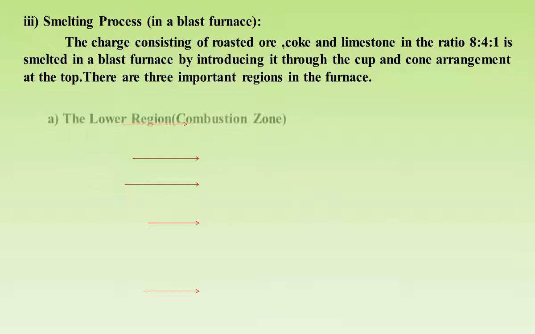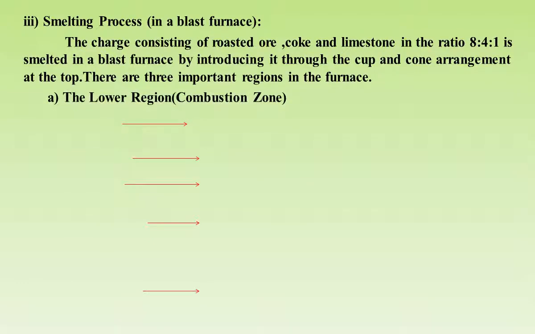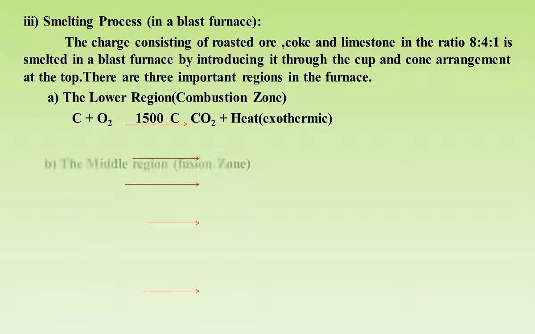So we have to see what happens in each and every region. In the lower region, the combustion zone, carbon from coke and oxygen give carbon dioxide plus heat, that is exothermic. Exothermic means liberation of heat.